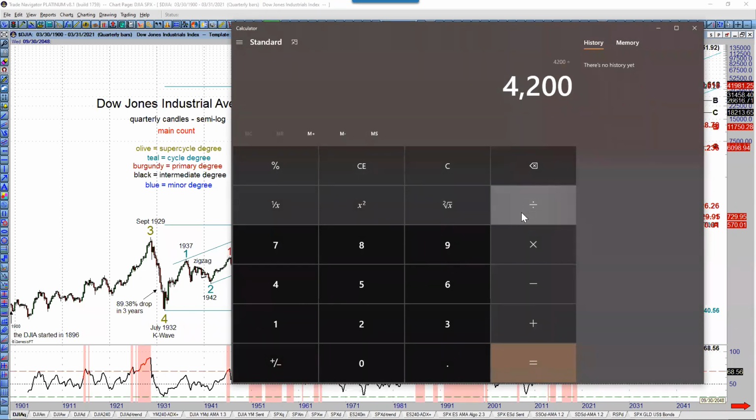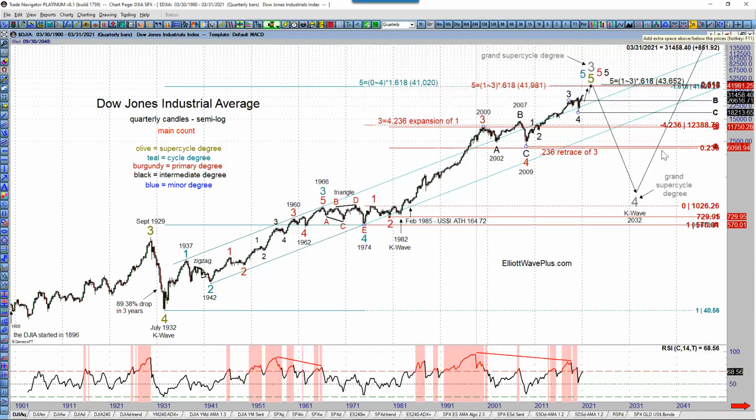So we would divide, let's see, 42,000 by 6. That'll get us back down to 7,000 on the Dow. I can see 7,000 on the Dow, and that would be a move back essentially to the 2009 lows.